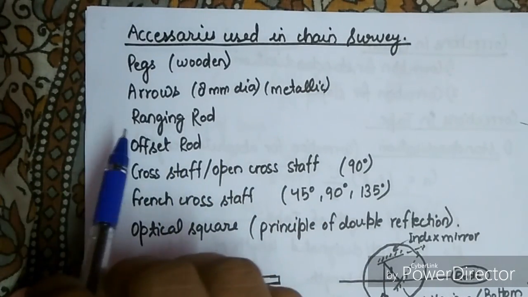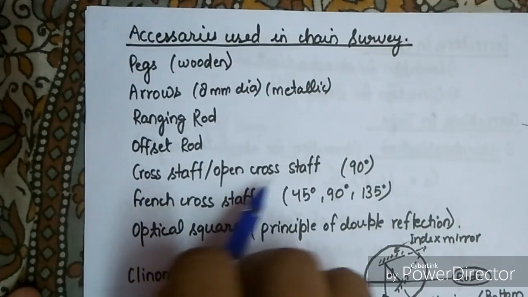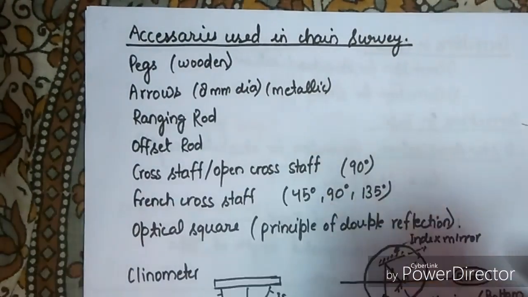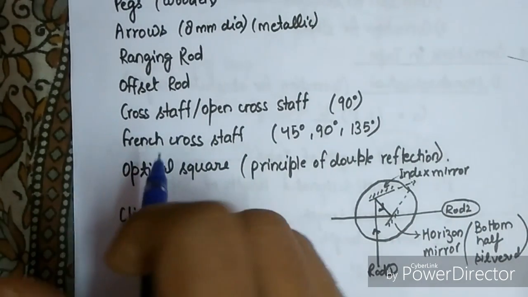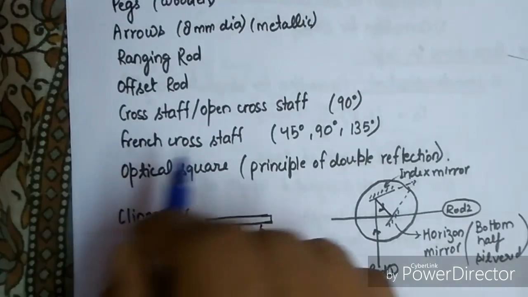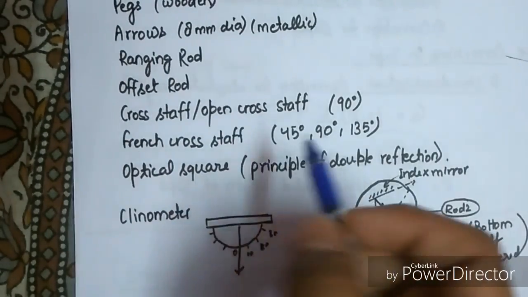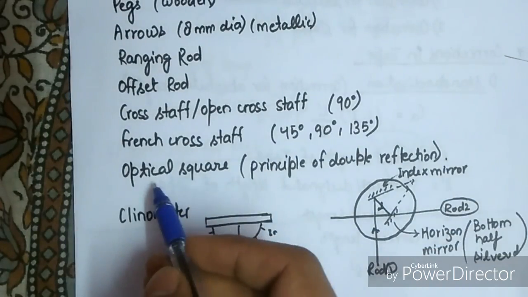Offset rod is a ranging rod with slots made at right angle. The cross staff or open cross staff is used for setting out the right angle at any point on the chain line. French cross staff is used to establish offsets at angles of 45, 90 and 135 degrees.